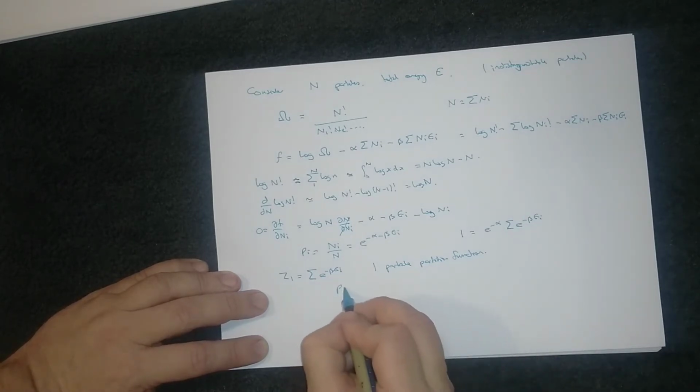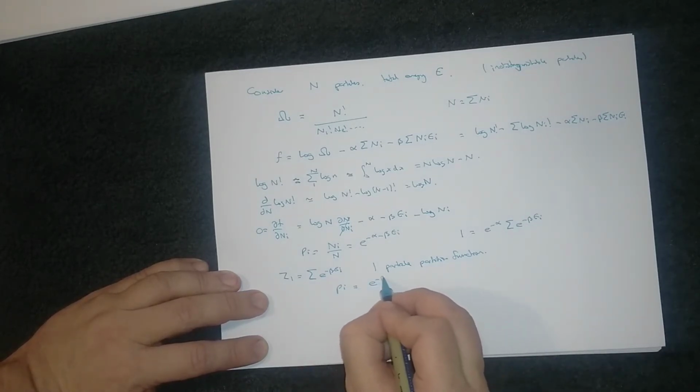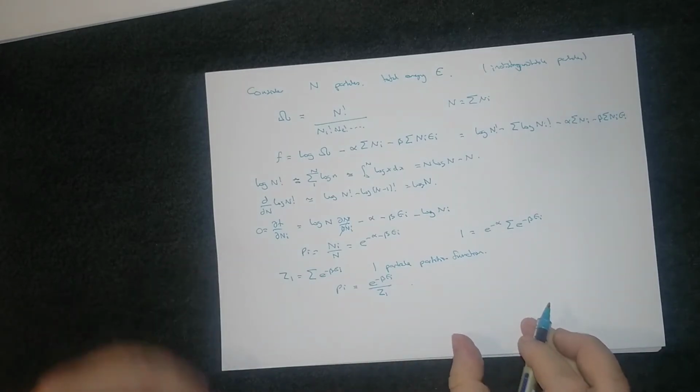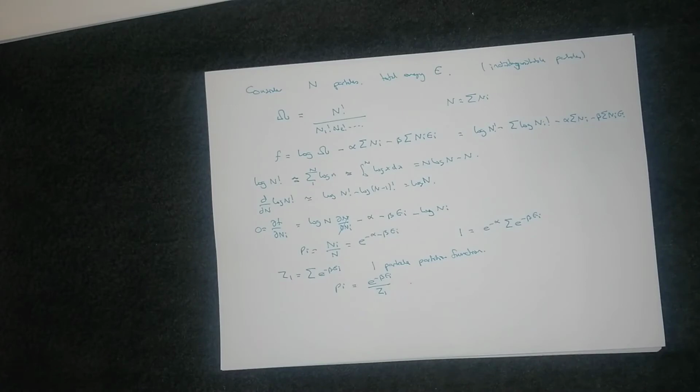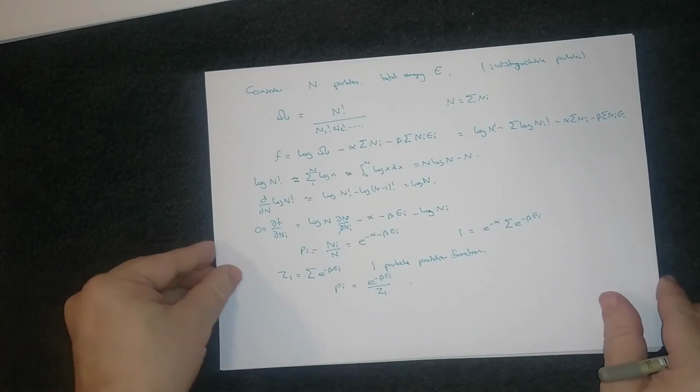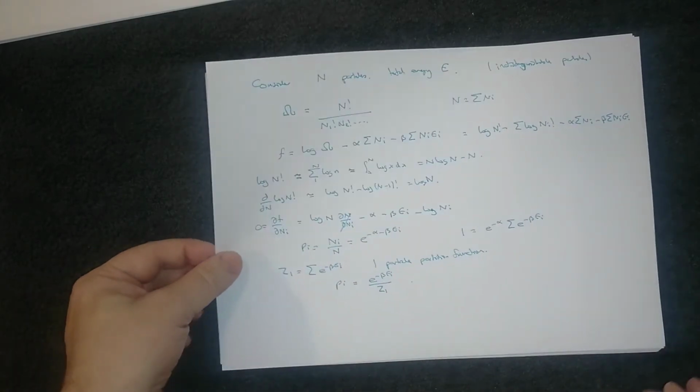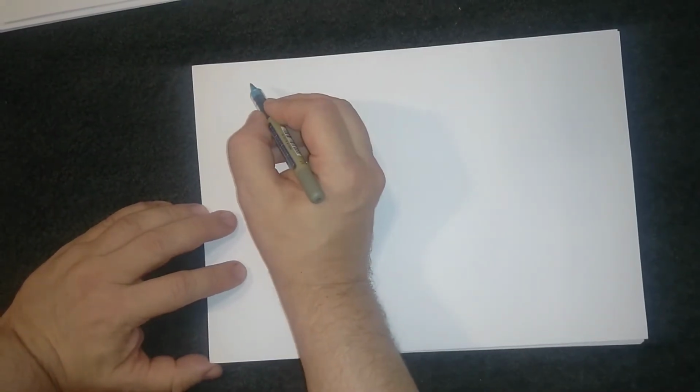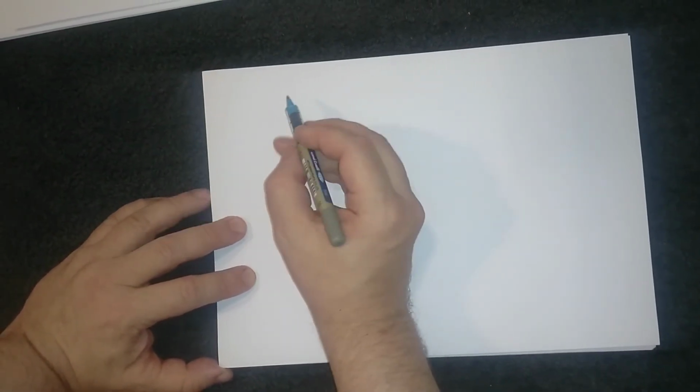And so we have pi is e to the minus beta ei divided by z1. Now we've worked out what happens for a single particle.